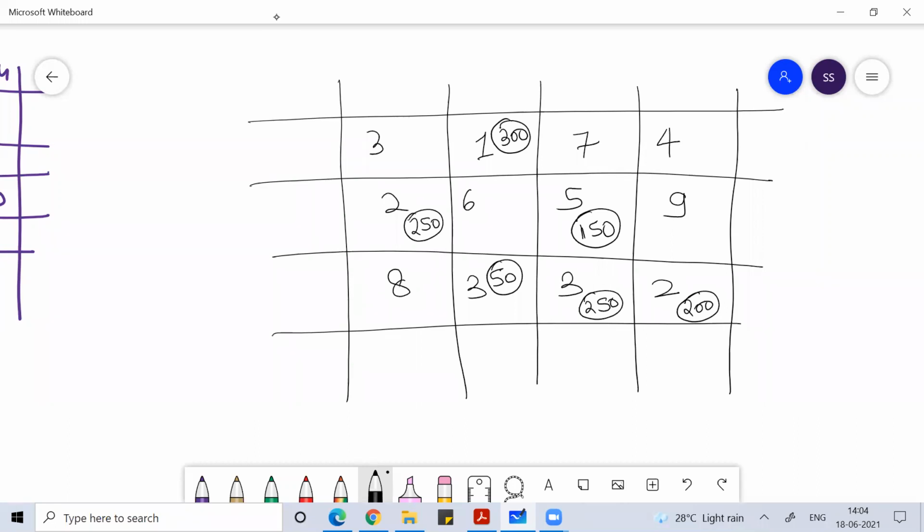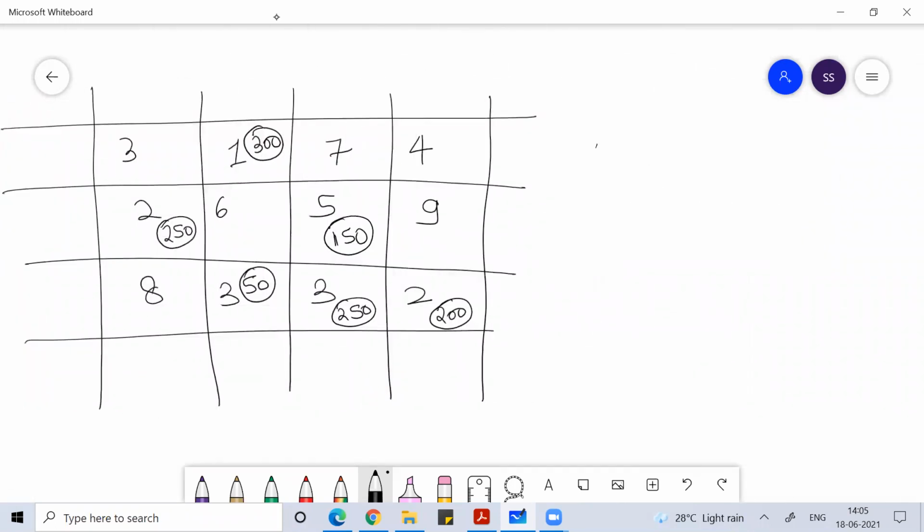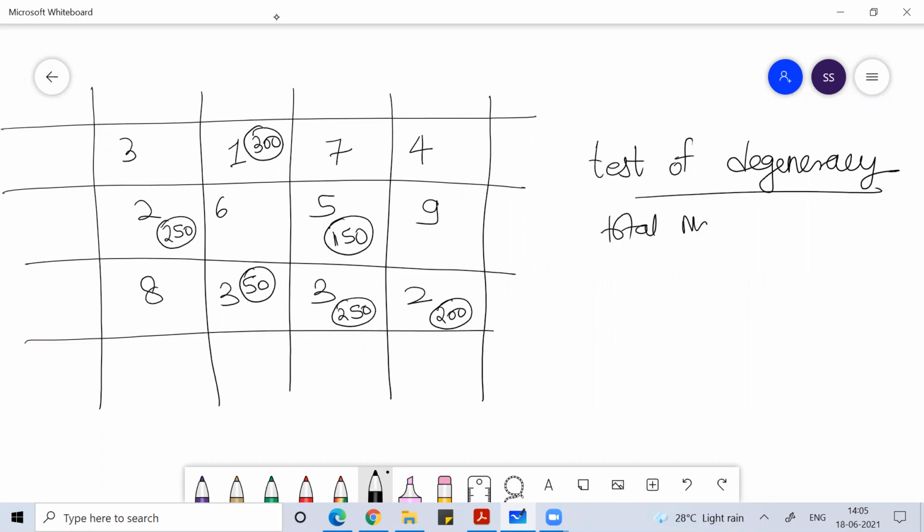If you want, you can do the test of degeneracy here. I hope you remember the test of degeneracy from the last many classes. The test of degeneracy says that the total number of allocations should follow the m plus n minus 1 rule.